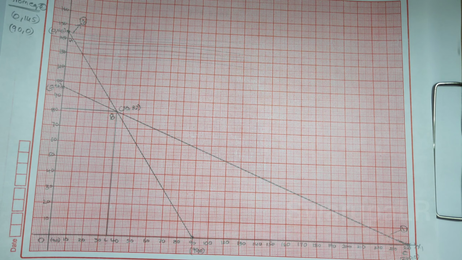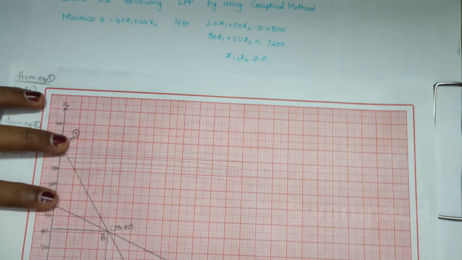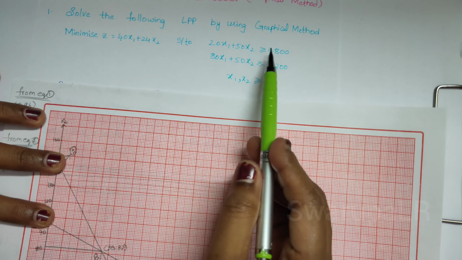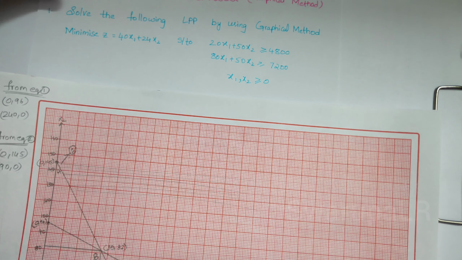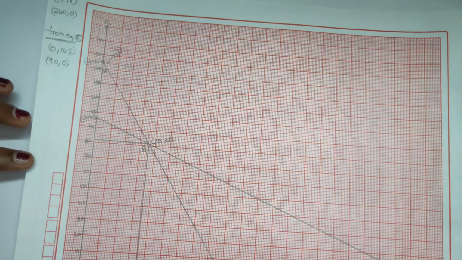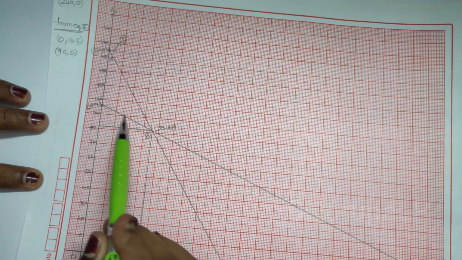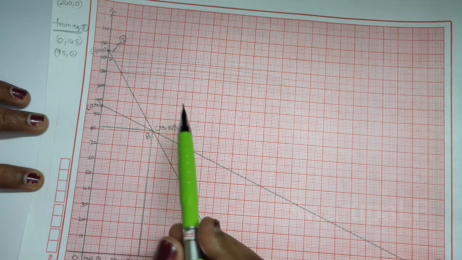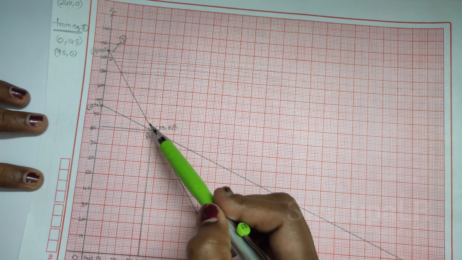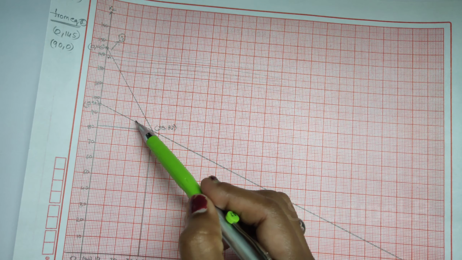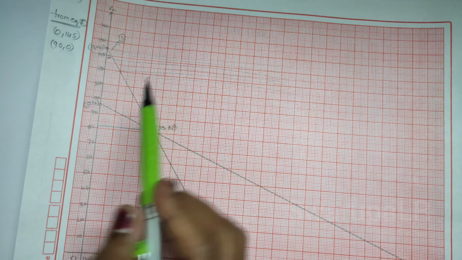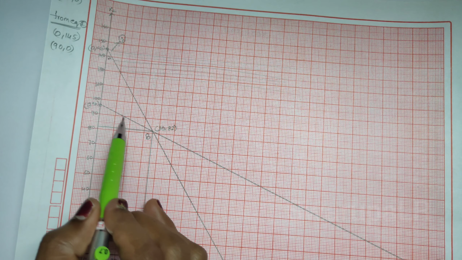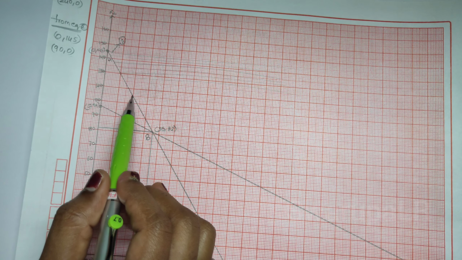And now how we have to find out the feasible region means we have to check the given constraints. See, both constraints are having greater than or equal to. So we have to find the feasible region in the following way. This is from first equation and this is from second equation. In the constraints we are having greater than or equal to, so we have to plot again above the line which satisfies both lines. If you take this line, it satisfies only equation 1 and it does not satisfy equation 2.